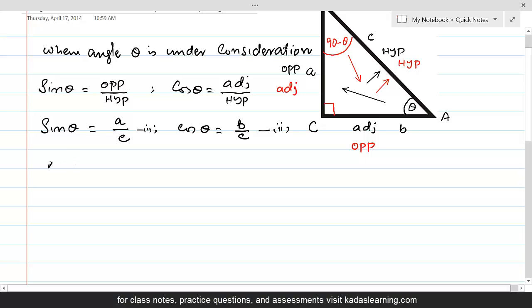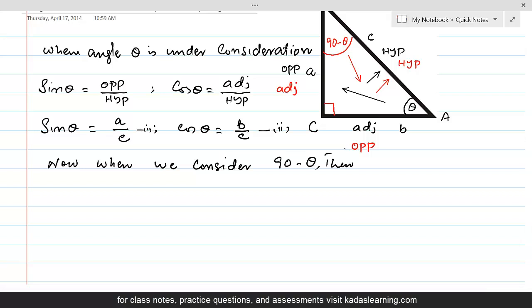Now, when we consider 90 minus theta, then obviously now the opposite will be B and the adjacent will be A, as it is marked in red.